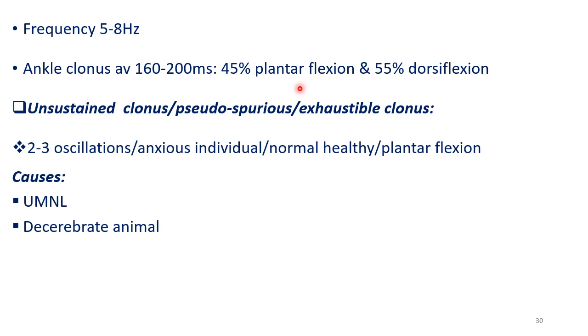There is another term called unsustained clonus, or what we call pseudo clonus or exhaustible clonus. This is sometimes seen in a normal anxious individual or normal healthy individual, where we have only 2 to 3 oscillations, that is less than 5 to 8. So the frequency is less as compared to the normal clonus.